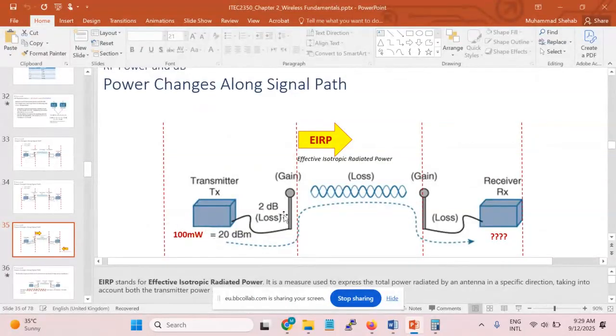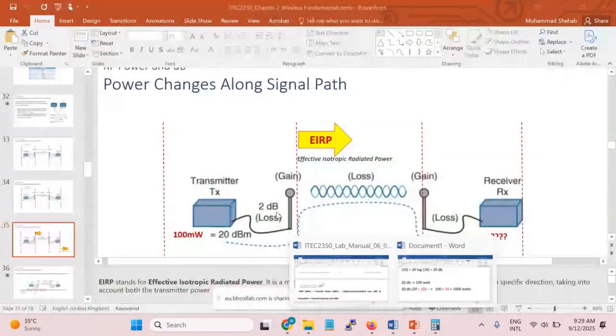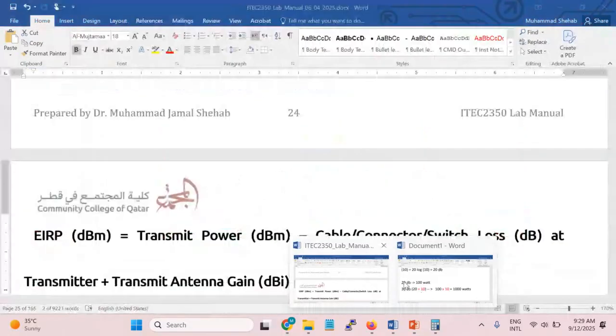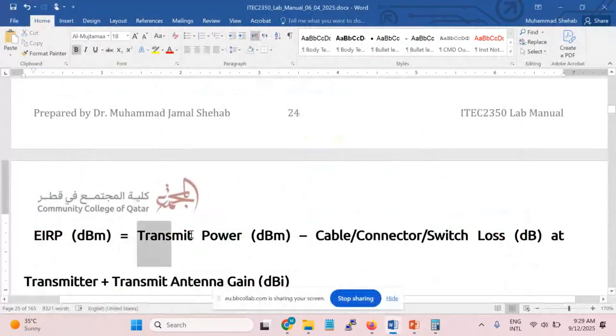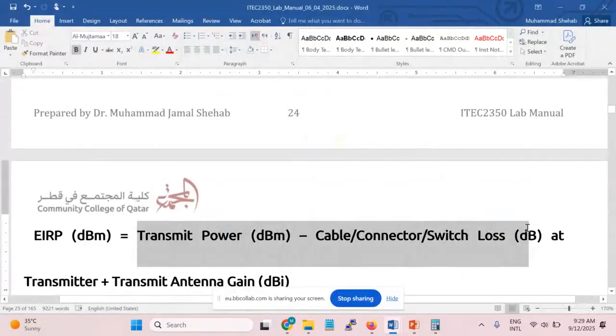It equals the transmitter power minus the cable loss plus the antenna gain. This is the effective isotropic radiated power.